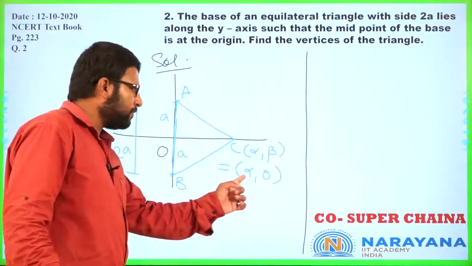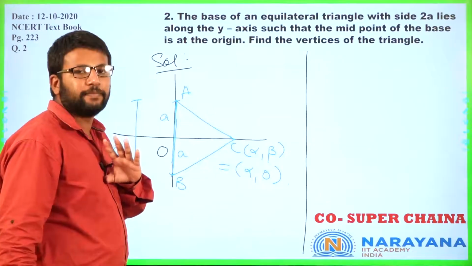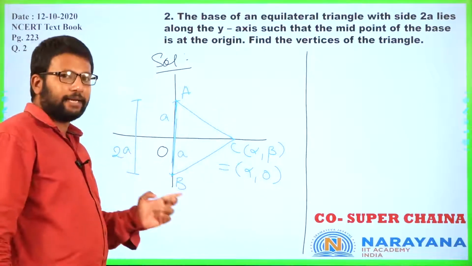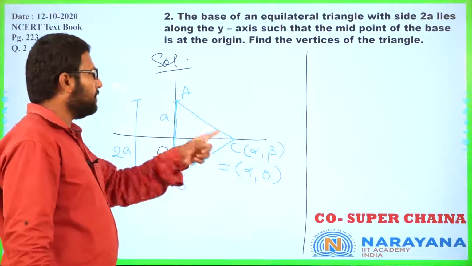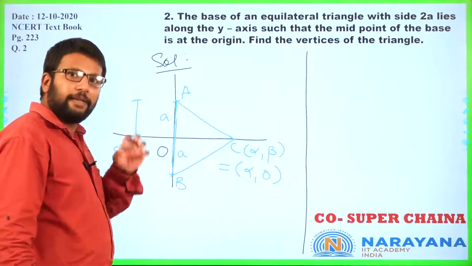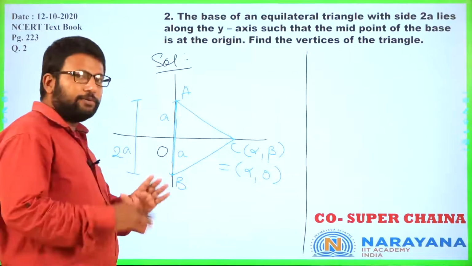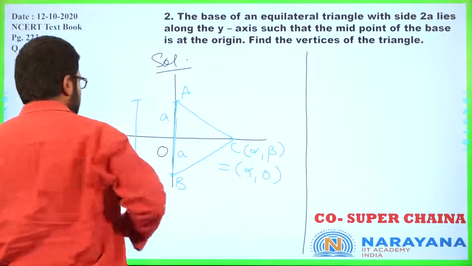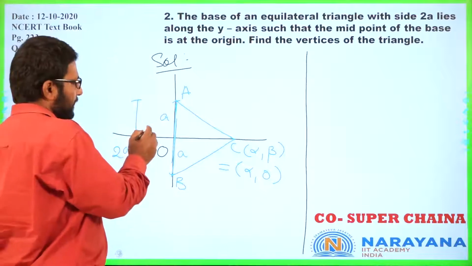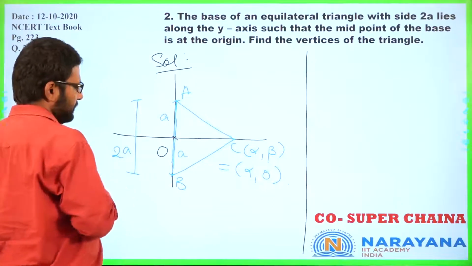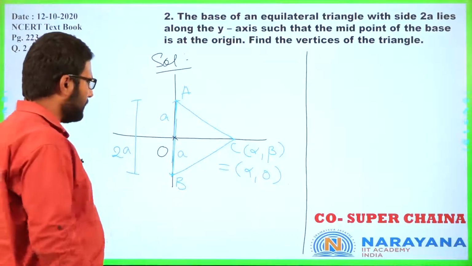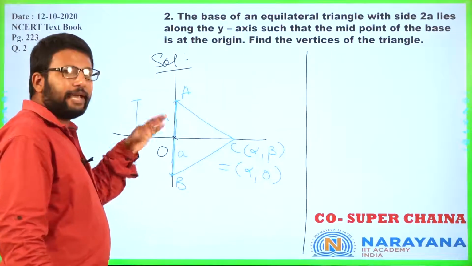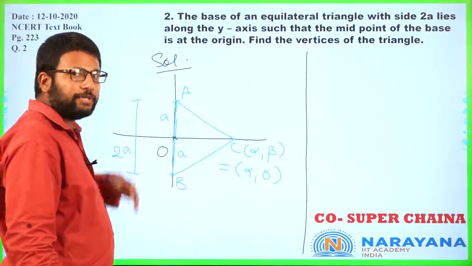So now there is only one unknown, I need only one equation. And that equation we can get from the fact that this is an equilateral triangle. Because it's an equilateral triangle, all the sides, their lengths will be same. Correct? So now slowly let us proceed. Now this midpoint is the origin, right? Let's take point A first. Point A lies exactly A units on the y-axis above the origin, right?